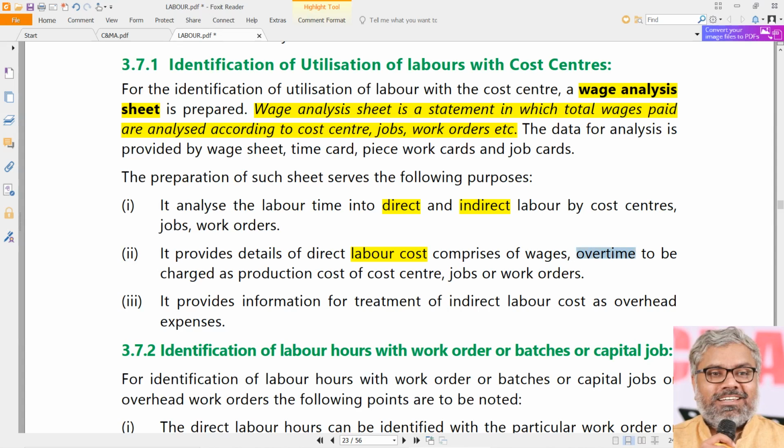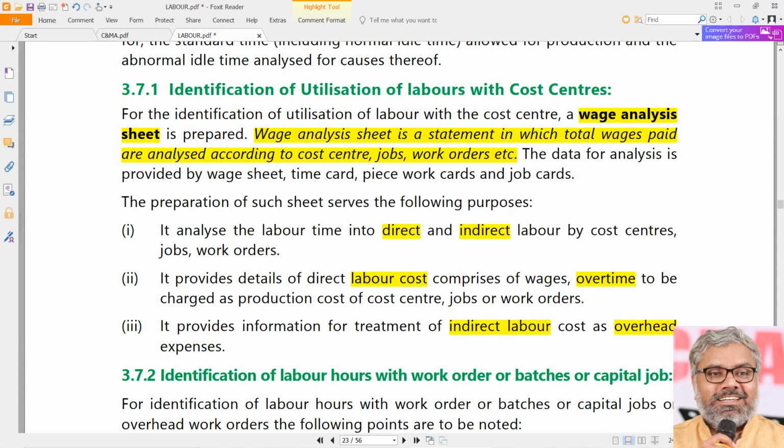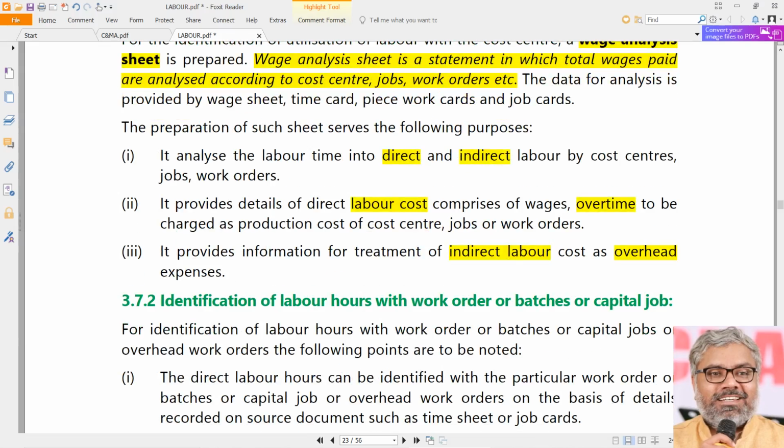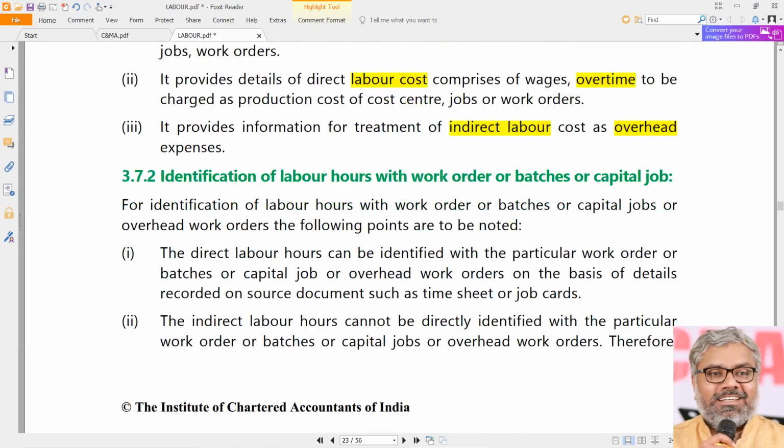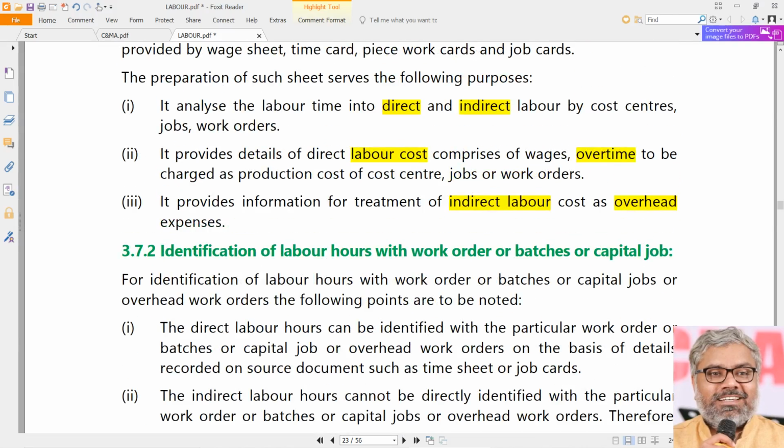If there is any overtime, that also will be recorded here, and how the indirect labor cost has to be treated. Generally, that is overhead. That will also be visible in the wage analysis sheet, which will give all the details about labor cost in one sheet. So that is commonly used in the factories, but once again these are all a little outdated.